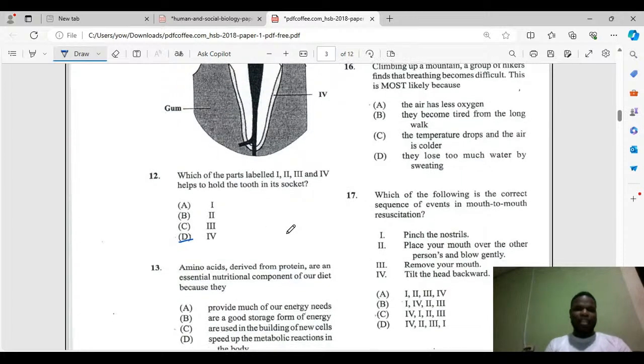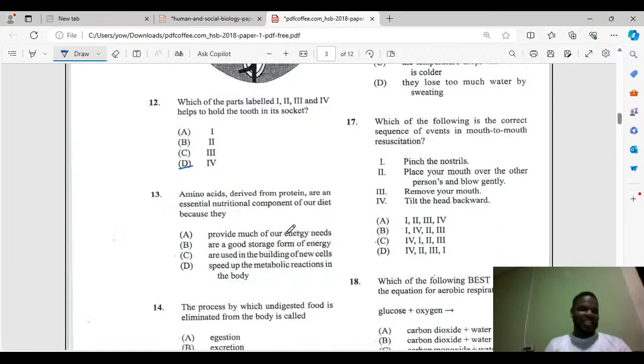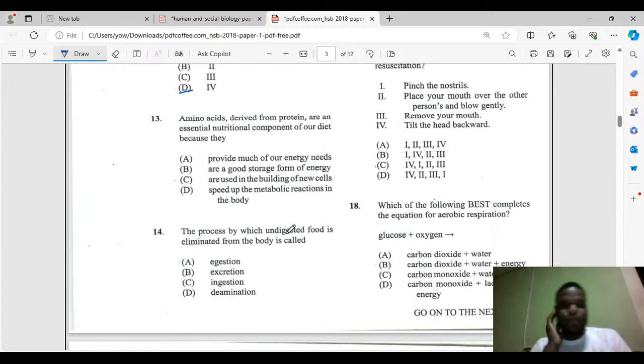Next, amino acids, which derive from protein, are an essential nutritional component of diet because they what? Because they are building of new cells.